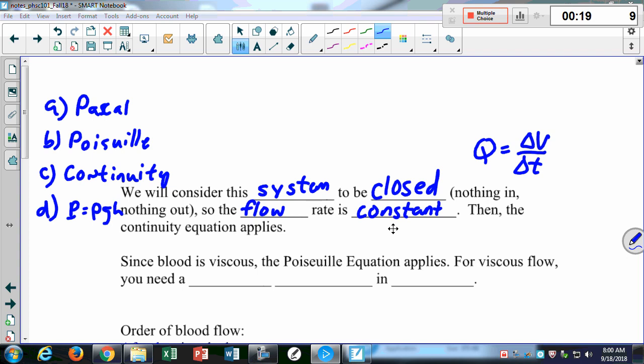Pascal's principle, Poiseuille equation, continuity equation, or P equals rho gh. Remember, Pascal's principle said that P1 is equal to P2. If I apply a pressure to a container, that pressure is felt all the way throughout.